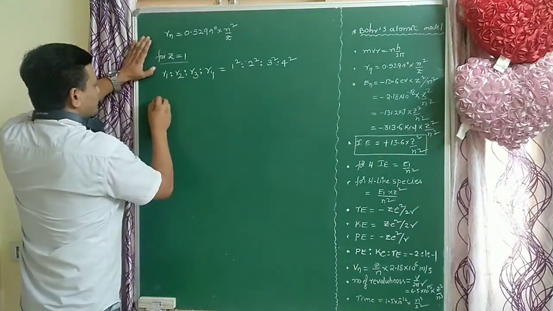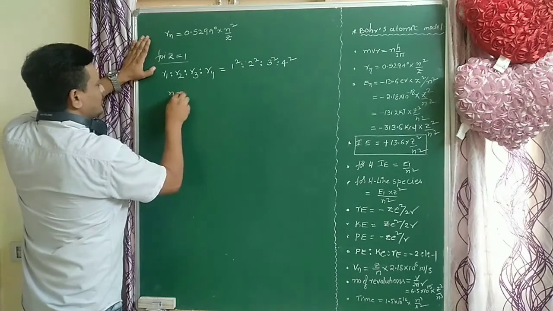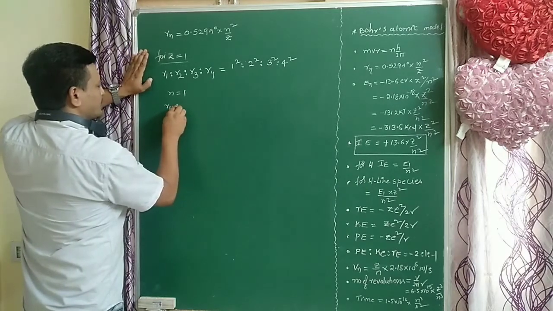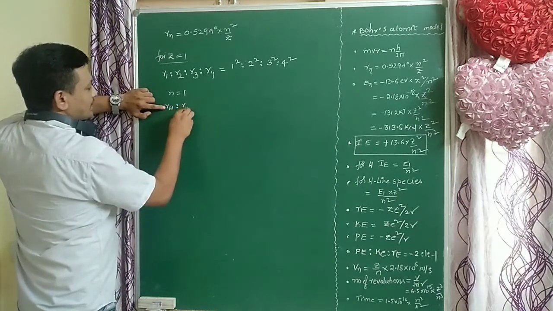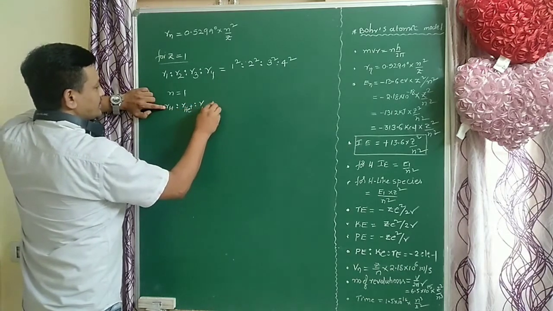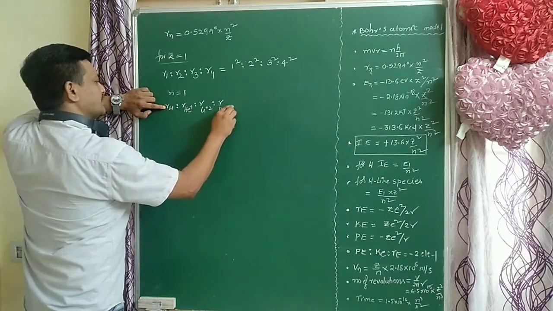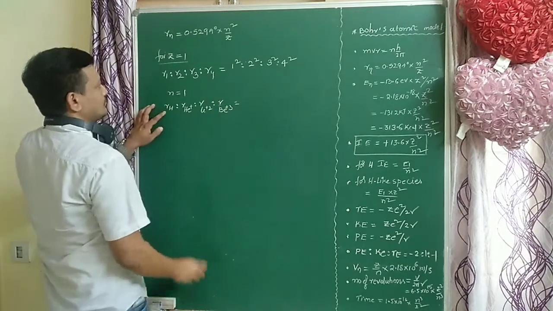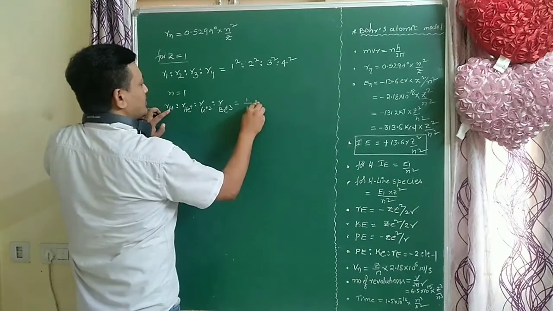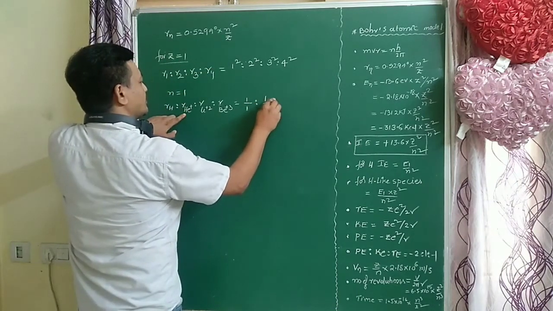For other atoms, for a particular orbit, say R1 for n equal to 1: the hydrogen atom radius, helium plus radius, lithium plus 2 radius, and beryllium plus 3 radius are proportional to 1 by Z. For hydrogen atom Z is 1, so 1 by 1. For helium atom Z equals 2, so 1 by 2.